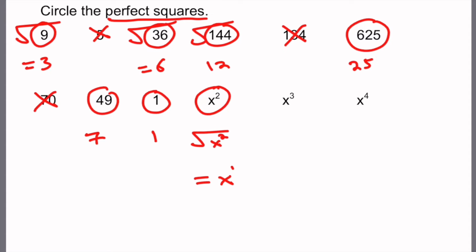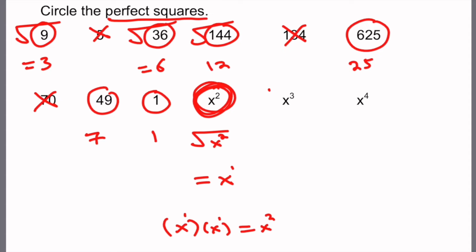And this makes more sense going backwards, right? Because if you multiply x to the 1 by itself, or x times x, we know that you normally add the exponents. And since the exponents are 1 and 1, you end up with x squared, which is what we originally started. Therefore, it's a perfect square.